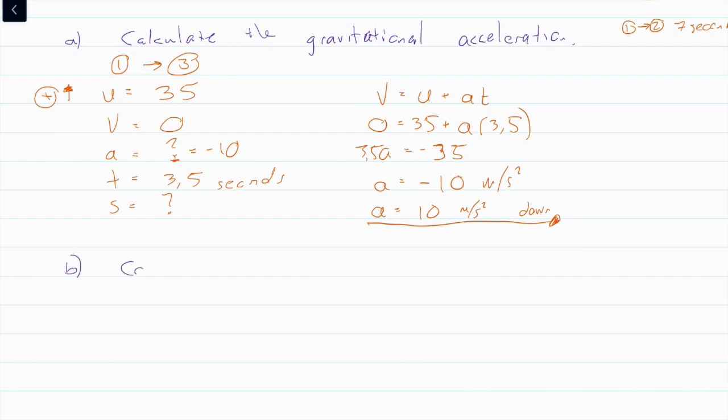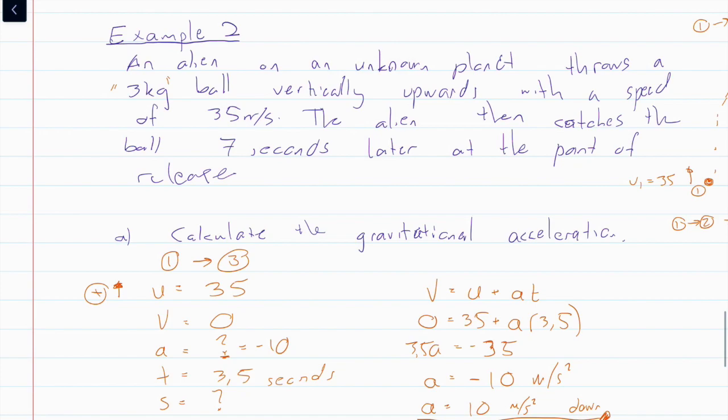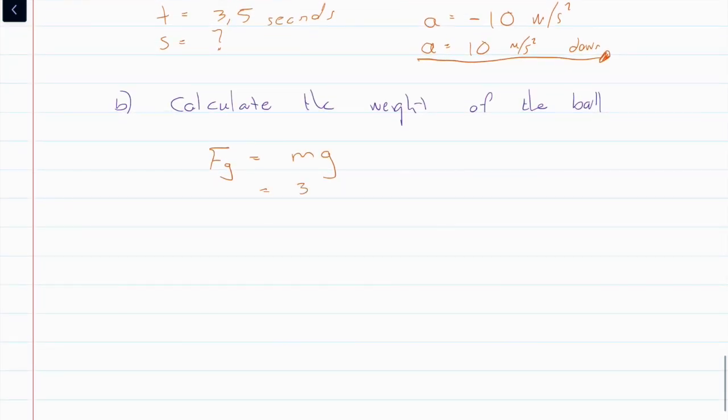It says calculate the weight of the ball. We know that weight, Fg, is equal to mass times gravity. The mass was given as 3 kilograms, so we have 3 kilograms times g, which is minus 10.